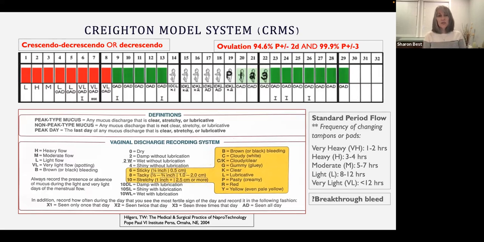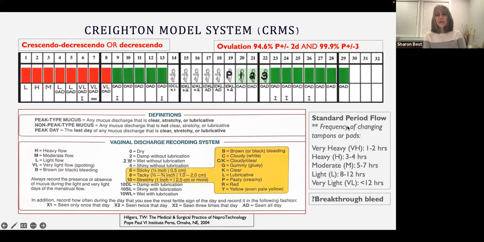Now we're going to look a little closer at the Crichton model system. So this is a larger image of a menstrual cycle. The woman will be taught very detailed information about how to document her bleeding patterns during her period, as well as her cervical mucus discharge.